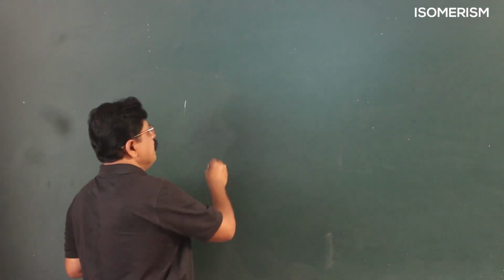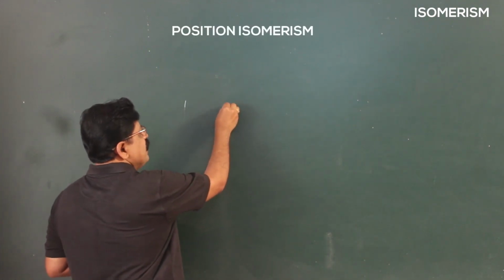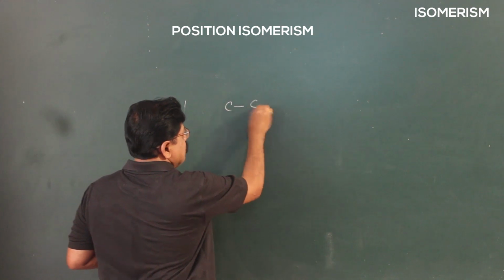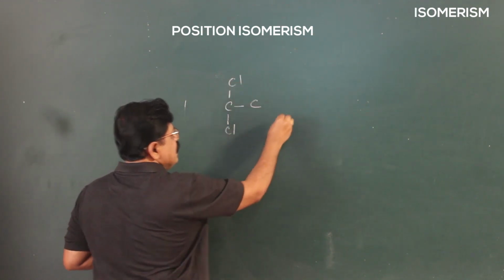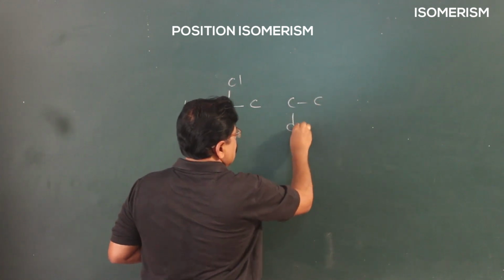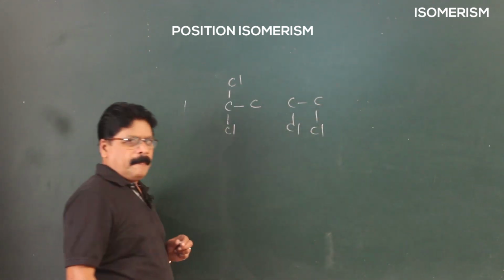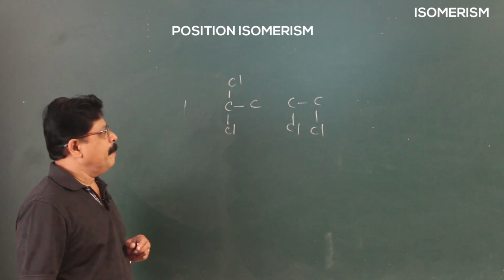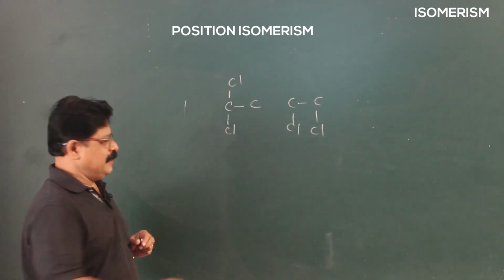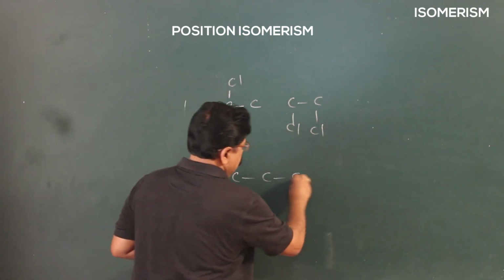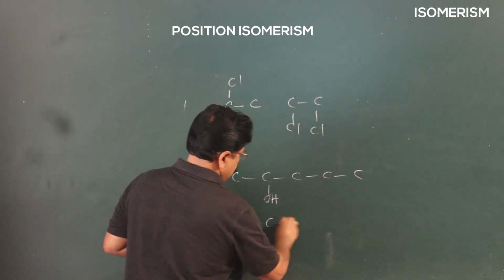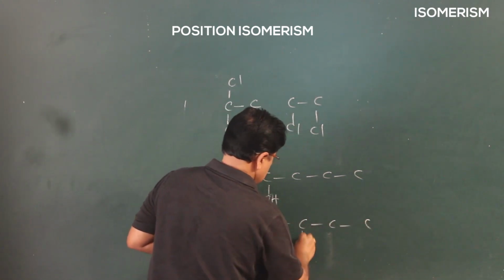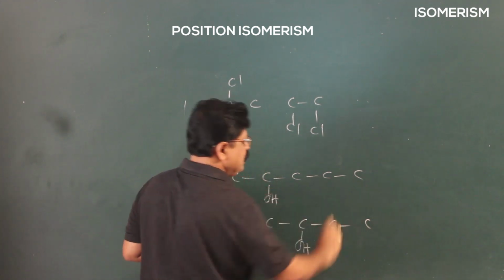Position isomers. Position isomer is where the carbon chain length is same. So, this is an easy example of chain isomer. Carbon chain length will be same. Carbon chain length will always be same.